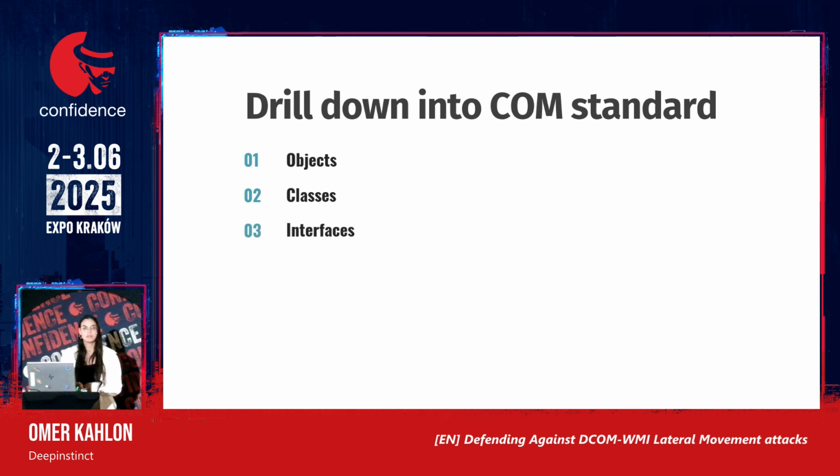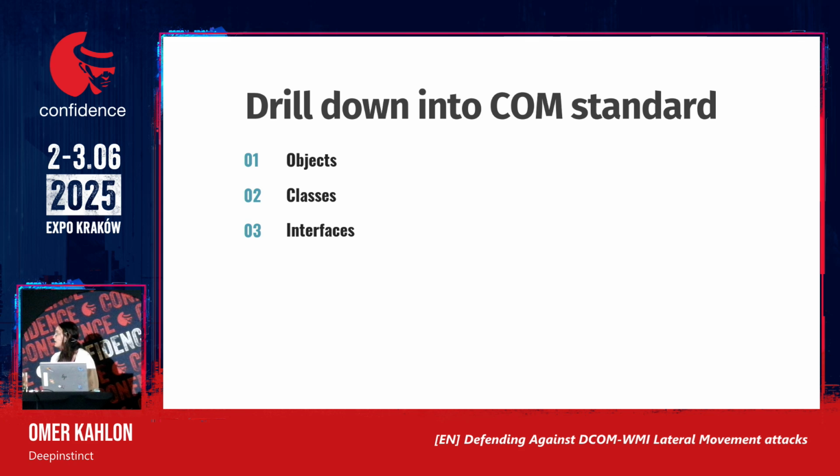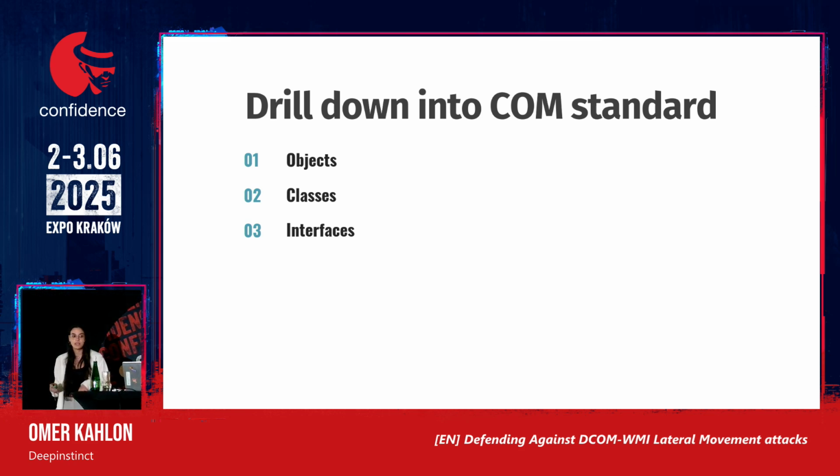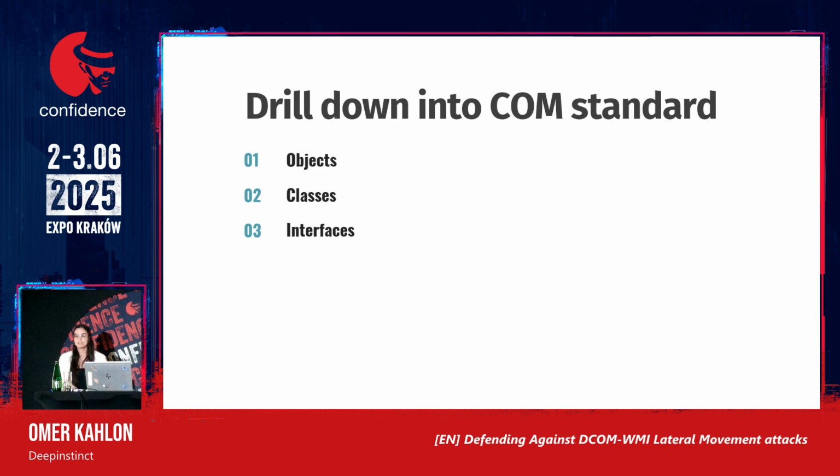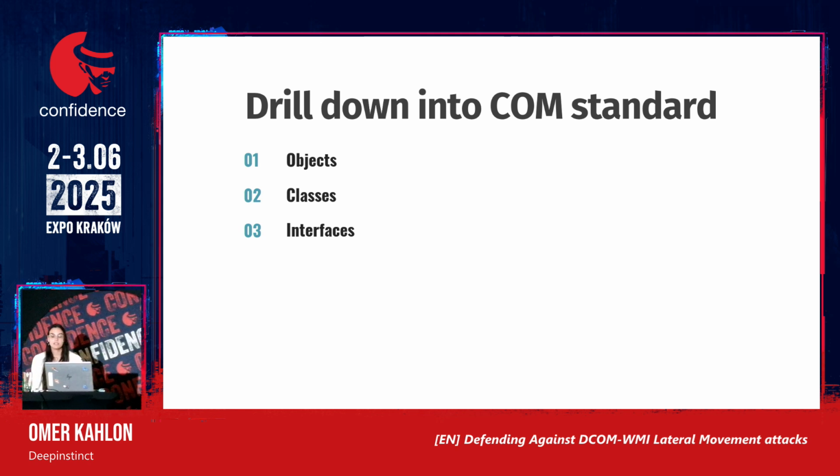A COM interface can be described as an abstract class. It defines a set of methods that provide some service. A COM interface provides a set of methods that the implementing class must provide. All the communication among COM objects is based on these interfaces, and interfaces can inherit from each other.